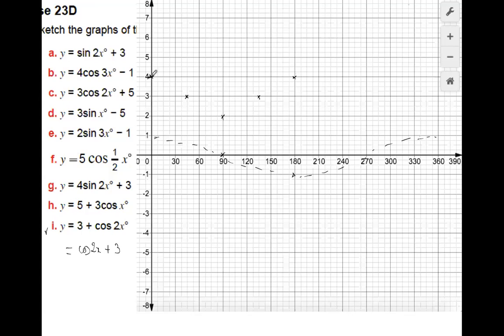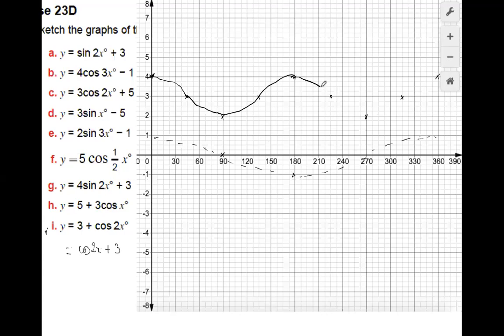So that would be something in the line of that, coming back down, coming back up, and do a second one the same way. So 45, just using symmetry. Remember, because we're doing cos 2x, the period now is 180. And then there, and then there, and then at 360, I would be here.